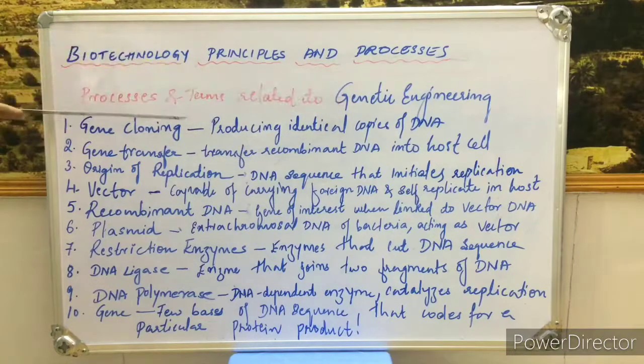You are going to isolate a particular gene from some organism and insert it into the required organism where this gene can express and produce a product. Yes or no? So in order to get that product, the first thing is the gene has to be replicated because it is a foreign gene.